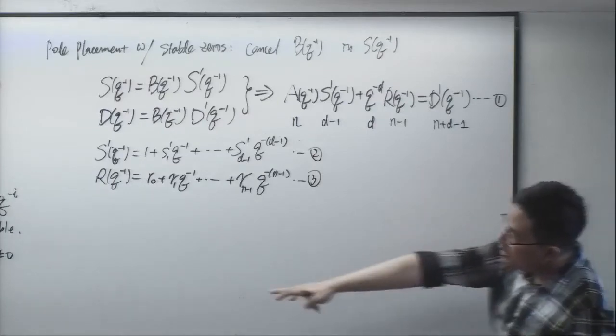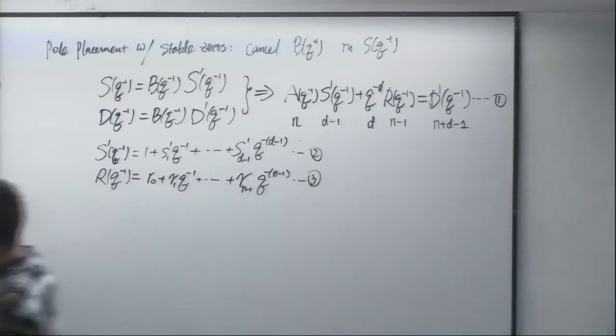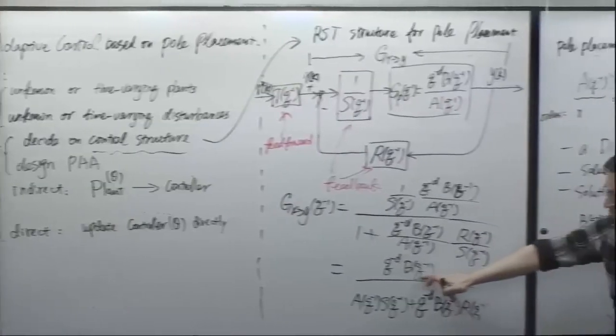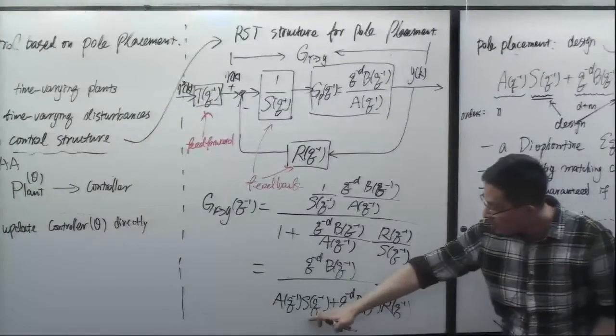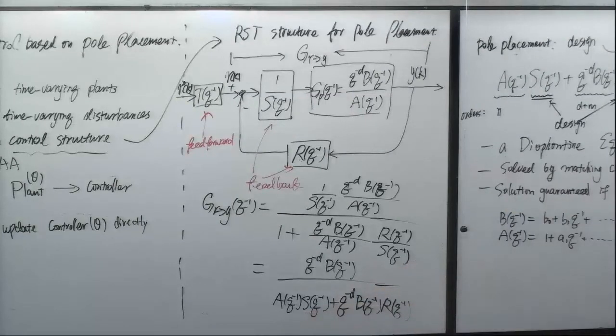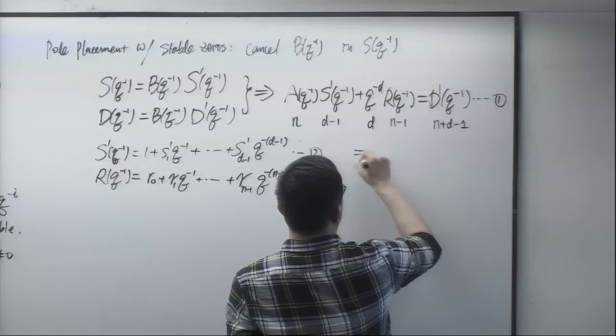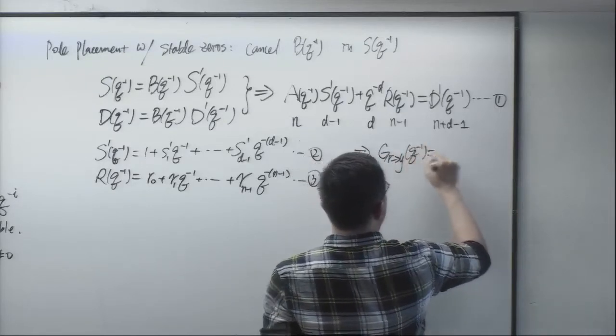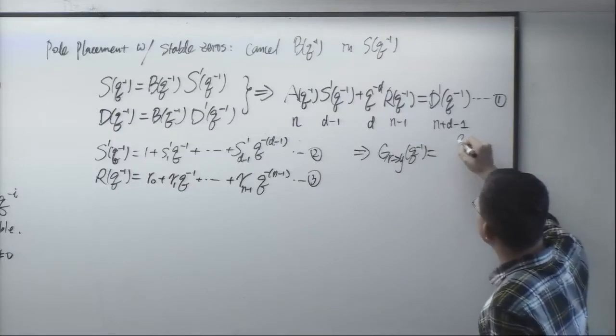With these, the closed loop transfer function will be substantially simplified. You can see this B cancels with this B, and our S contains the B term is also going to be canceled. The result is very simple.